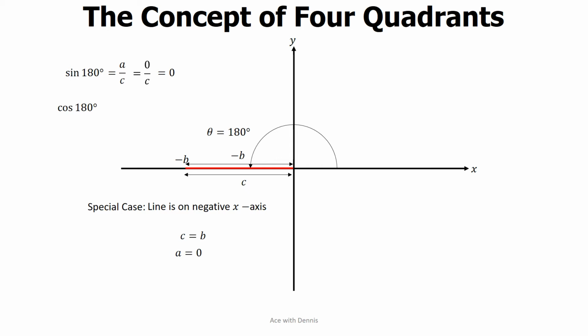For cosine 180 degrees, it is negative B over C. Since both are the same value, it will be negative B over B, so cosine 180 degrees will be negative 1. Do take note that C is always positive. Next, tangent 180 degrees. It will be A over negative B. Since A is 0, it will be 0 over negative B, and tangent 180 degrees will be 0.